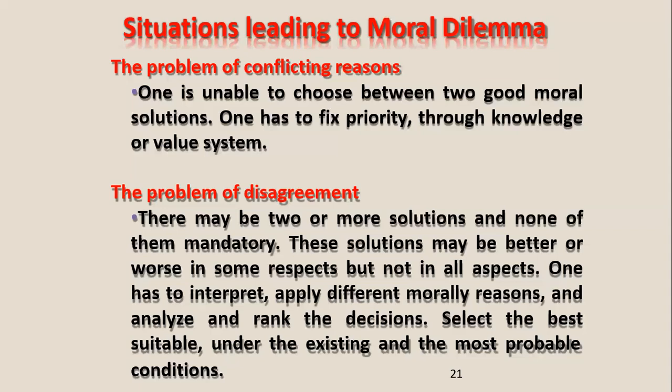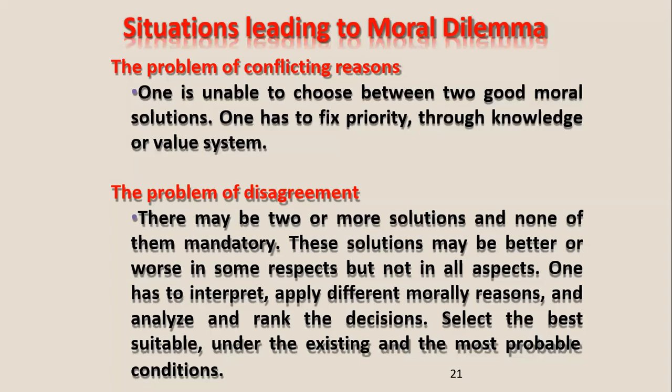Let us see the third situation regarding moral dilemma, the problem of disagreement. Here there may be two or more solutions and none of them mandatory. These solutions may be better or worse in some respects but not in all aspects.